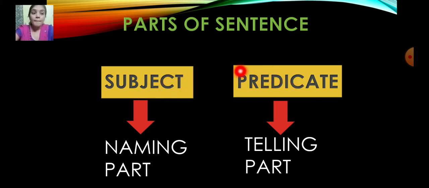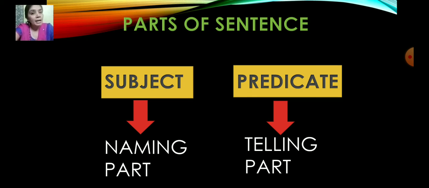Now, what is subject? English, maths, chemistry? No. Subject in a sentence means the naming part. And what is predicate? Is it like a cake name? No. Predicate means the telling part. What the sentence says. Now when we read the examples, you will understand.